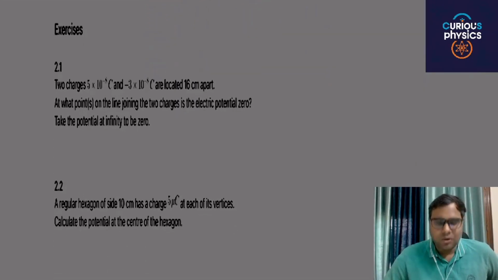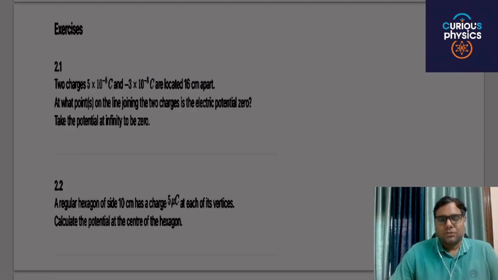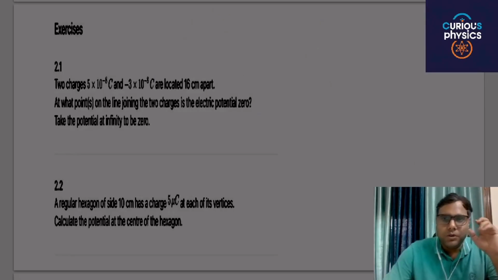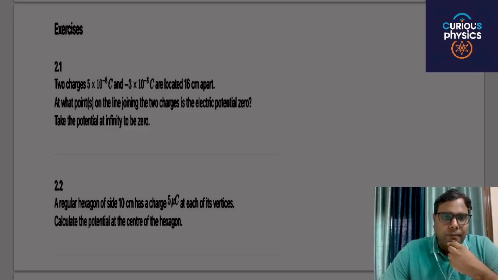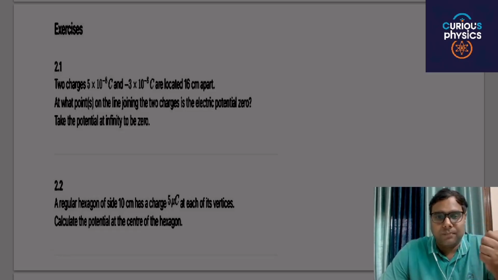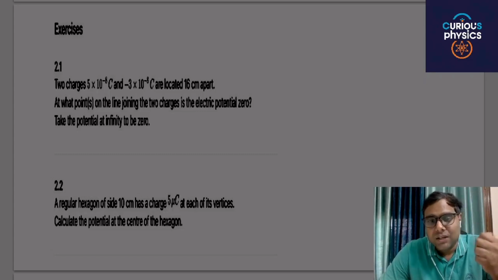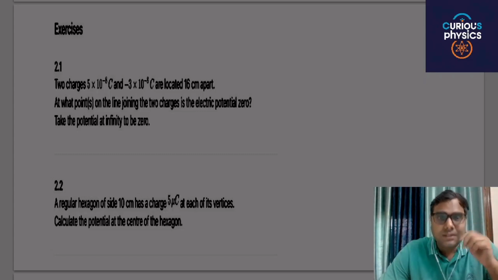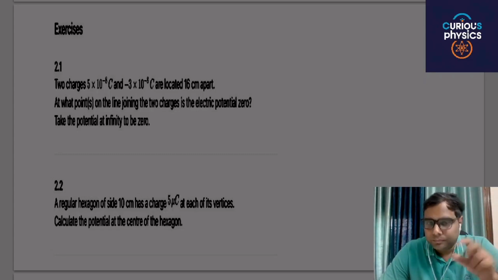So I think this is all about this chapter, and the basic thing is the continuity of the chapter. For example, you have studied potential energy initially, but you use that concept of potential energy and work done in all the other parts. For example, in a capacitor, to find the energy stored, you use the concept of potential energy and work done.